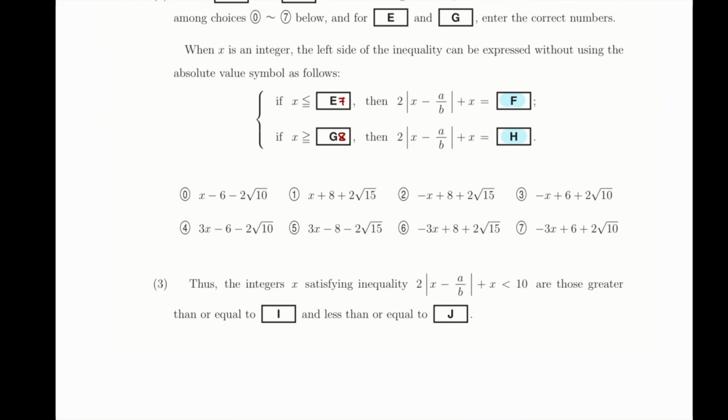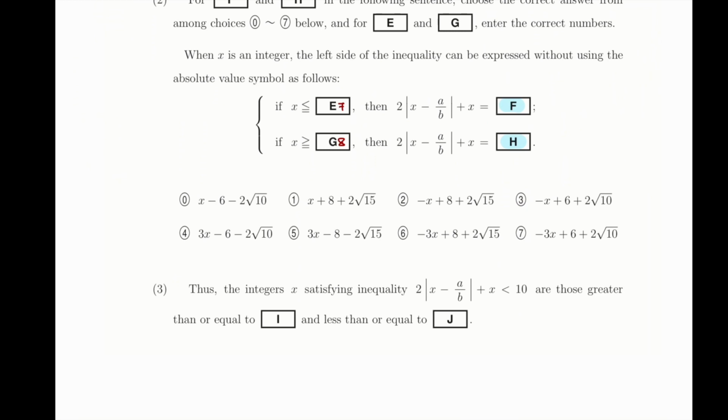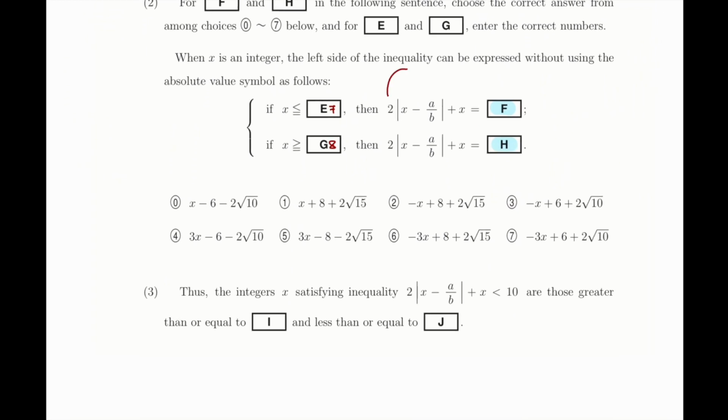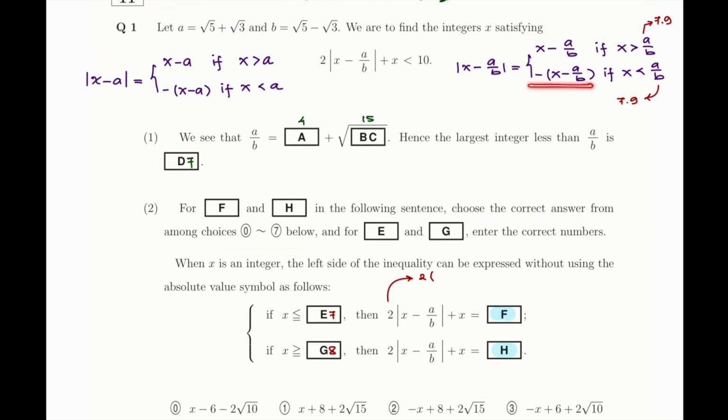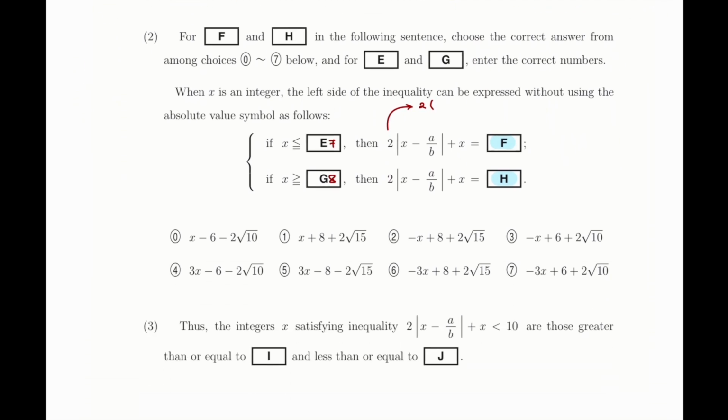So for this one, I have 2 times this one. If I distribute the negative sign, I get negative x plus a over b, plus x.